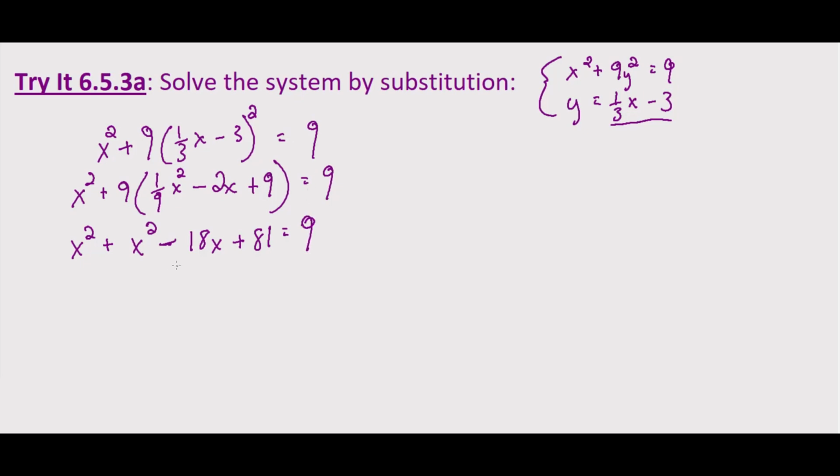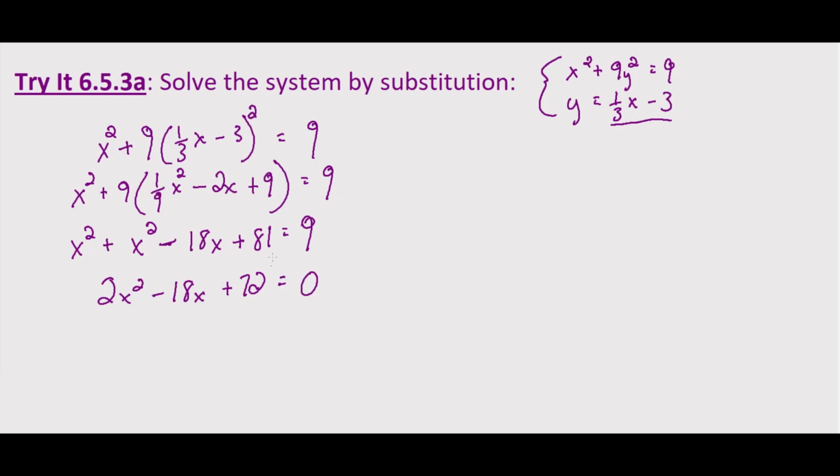So we'll combine like terms and move everything to the left side of the equation. So x squared plus x squared is 2x squared. The only x term is minus 18x. And then 81 minus 9 is 72.